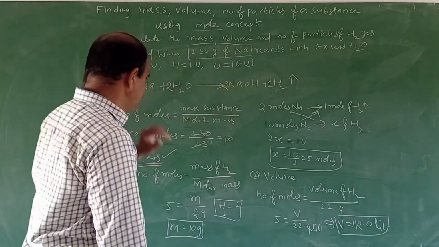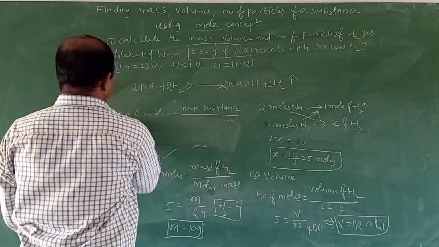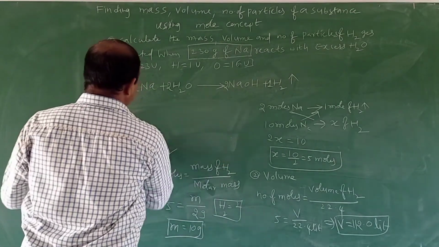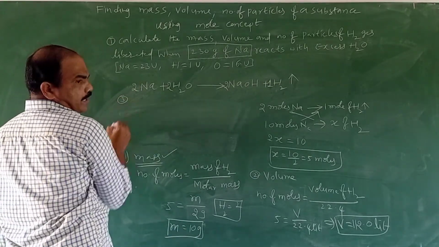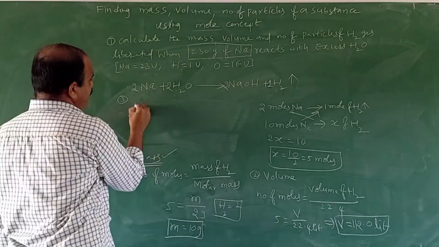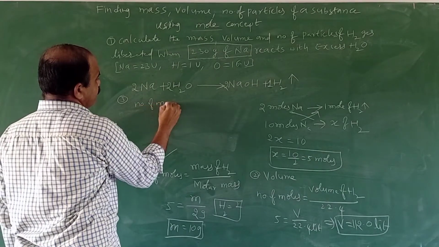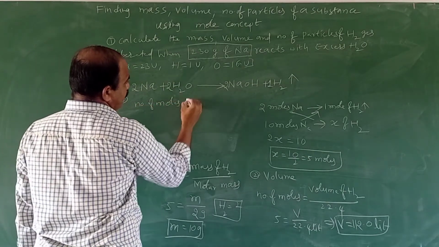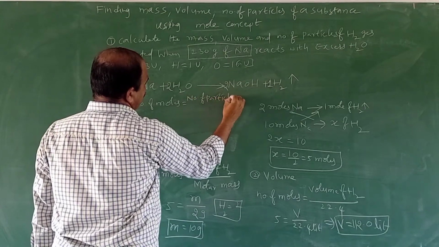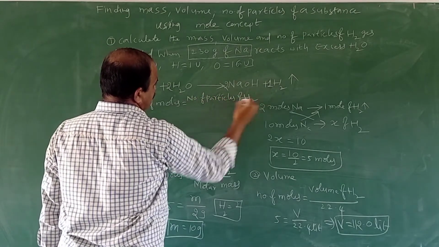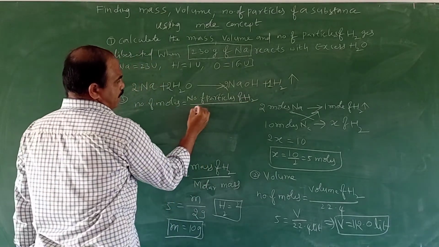Number of particles. I am going to calculate it here. The third one is the number of particles. According to the number of particles formula, number of moles equals the number of particles of hydrogen gas divided by the Avogadro number.